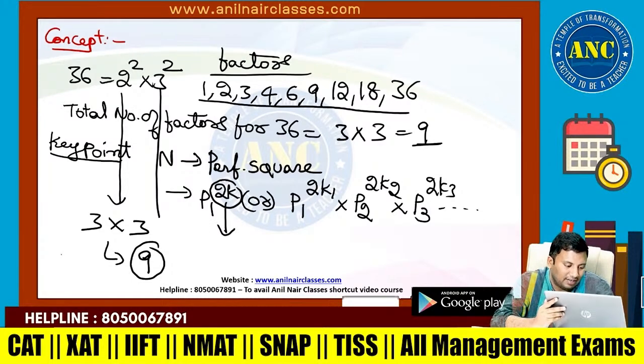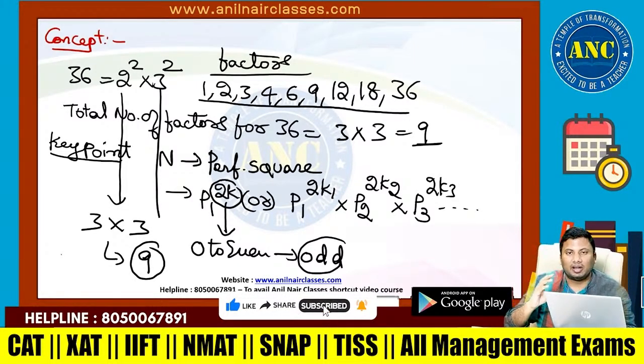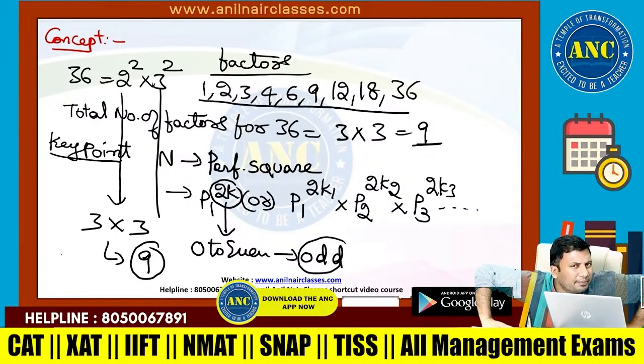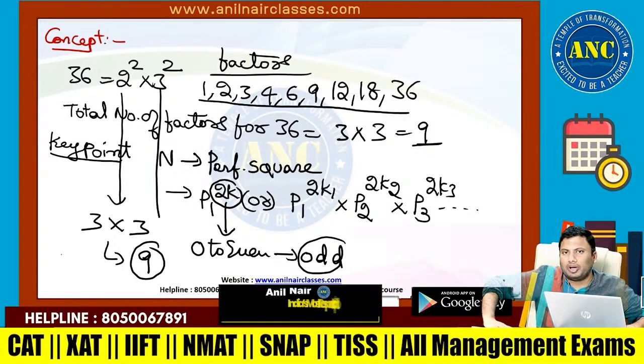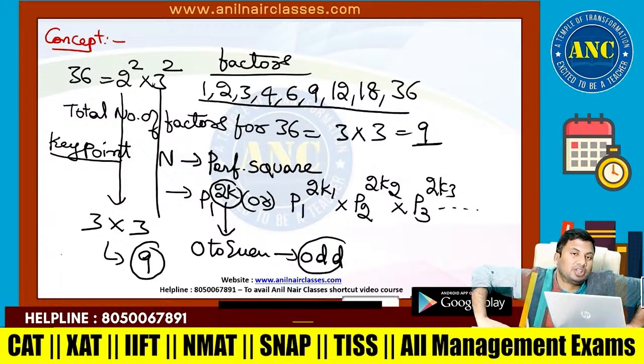If the power is even, 0 to even is nothing but an odd number. Am I right? If the power is an even number, total how many factors will I get? 0 to even is odd. If it is 2 power 4, 0 to 4 is 5. If it is 3 power 6, 0 to 6 is 7.